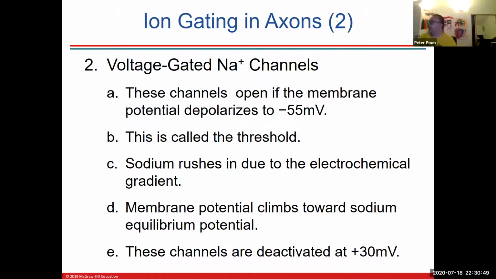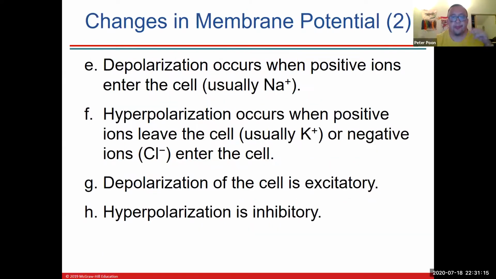The voltage gated sodium channels open if the membrane potential depolarizes to -55. This is a threshold. Above the threshold, you open up all the sodium channels. Below the threshold, nothing happens. So every time I depolarize, I come closer to the threshold.